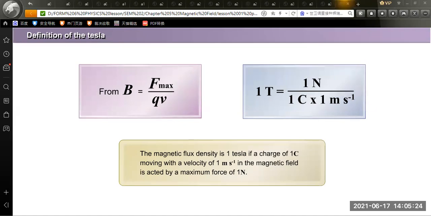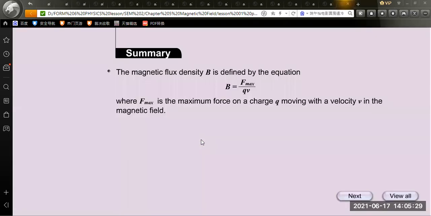Okay, ladies and gentlemen, as a summary, we can say that the magnetic flux density B is defined by the equation B is equal to F maximum over charge over velocity, where F max is the maximum force on a charge Q moving with a velocity v in the magnetic field.